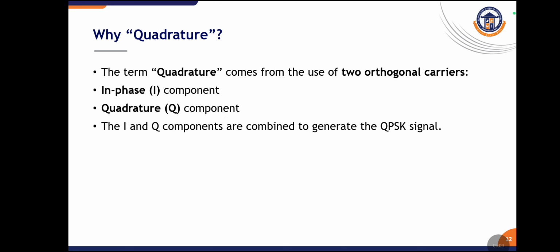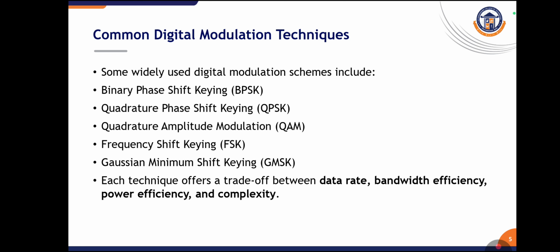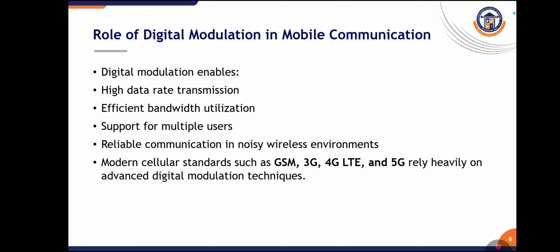Just as a recall of what we have discussed here: first phase shift keying, then quadrature phase shift keying, and GMSK, that is Gaussian minimum shift keying.